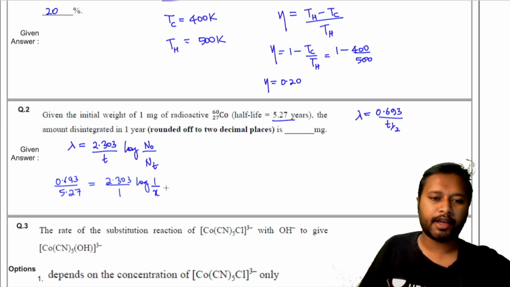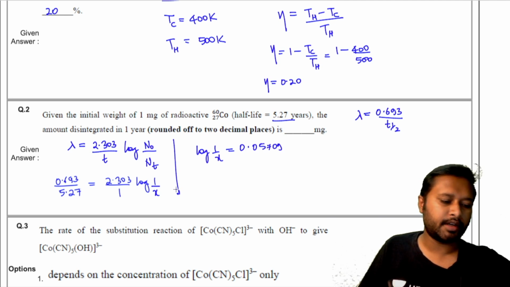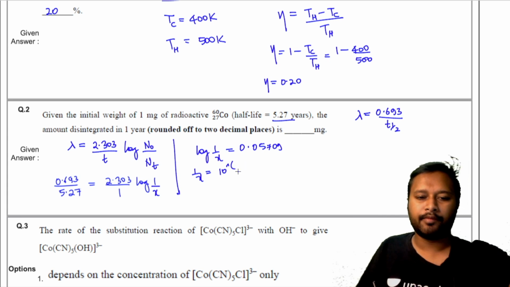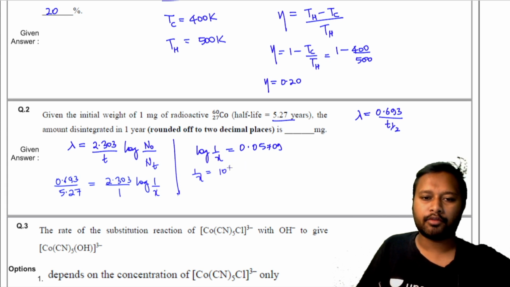Solving this whole thing, you get log of 1 upon x equal to 0.05709. 1 upon x will be the anti-log of that, or basically 10 to the power of this whole value, 10 to the power 0.05709.